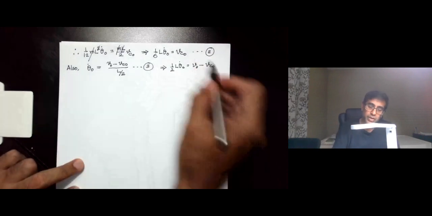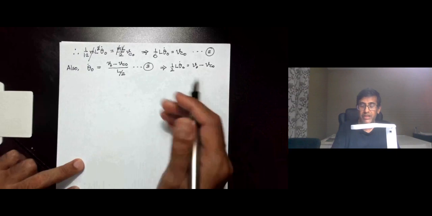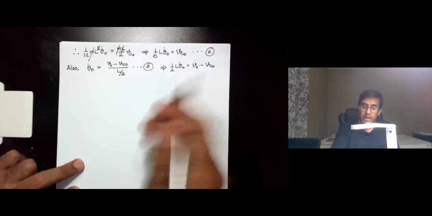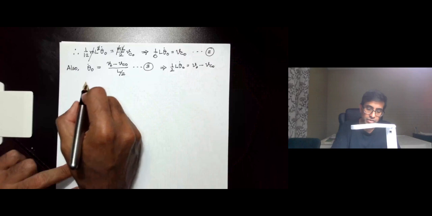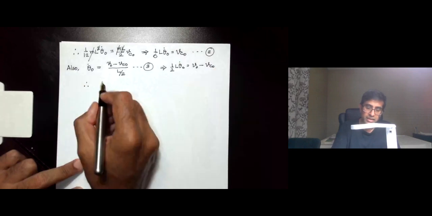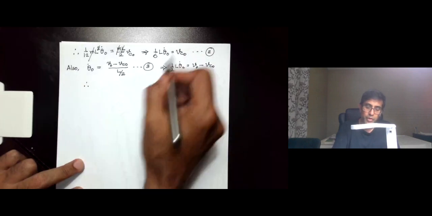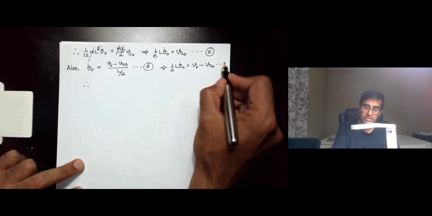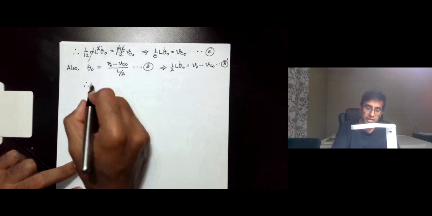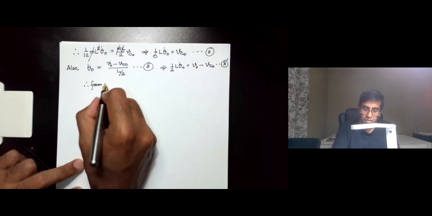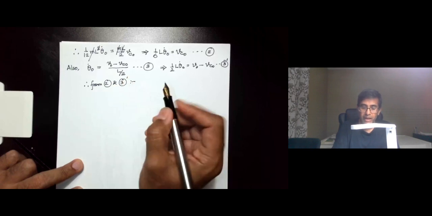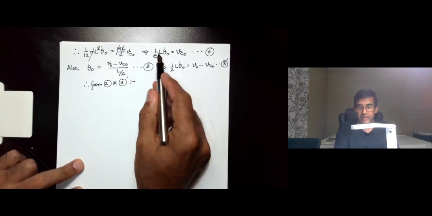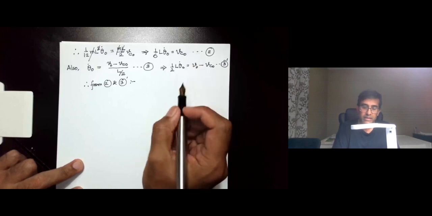So from these two equations, without having to use the linear impulse momentum equation, we can find out the values of VCO and theta dot O. So let's do that. From 2 and 3, so let's call this 3 prime. So from 2 and 3 prime, we have, now this guy is 3 times that.